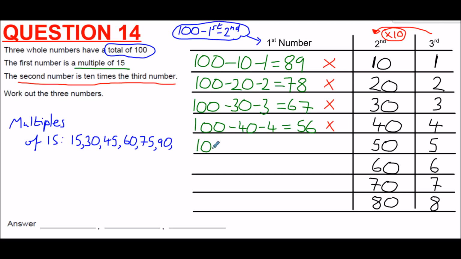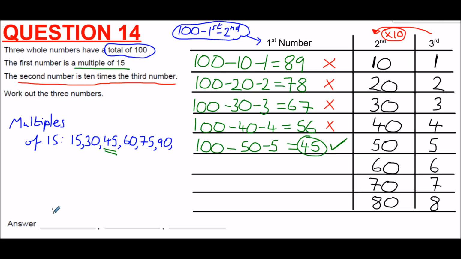The next one. If the third number was 5, the second number was 50, the first number would have to be 100 take away 50 take away 5, which should be 45. Now 45 is in there, so yes, that works. So now we can stop trying the other numbers.